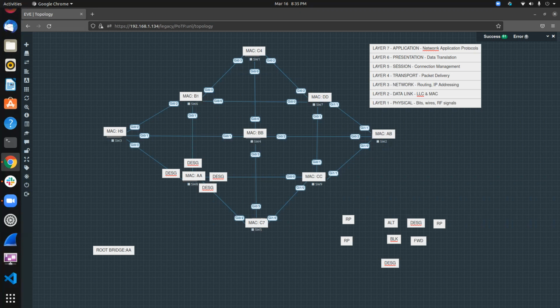The shortest path to the root bridge, in this case the one with MAC AA, which is switch A, would be from switch 3 to switch 8. If you take any other path, considering all of these links are the same speed, it's going to be more than 1 hop. Just look at it as that. Think of it in hops in this case, because all of these are the same speed.